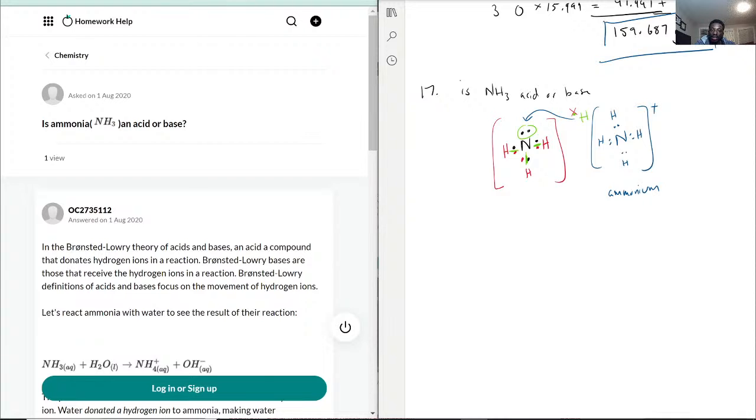So when the base accepts a hydrogen, aka a proton, because that's what it really is once it gets rid of the electron, when you're accepting protons, you are defined as a Bronsted-Lowry base. And with that being said, NH3 is a base because it's receiving a proton, a hydrogen ion.